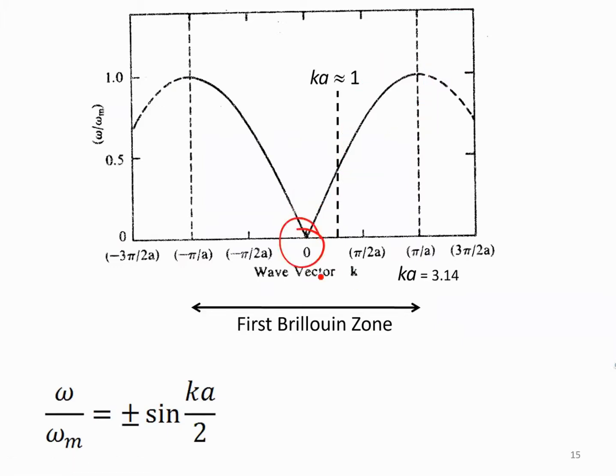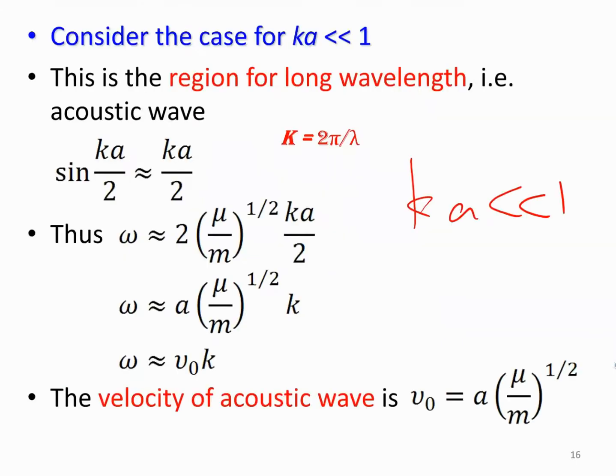You see the value of K is very small, so K times a also becomes very small. This is the region for long wavelength. For long wavelength, K is very small, where K equals 2 pi over lambda, which means that lambda is very large.